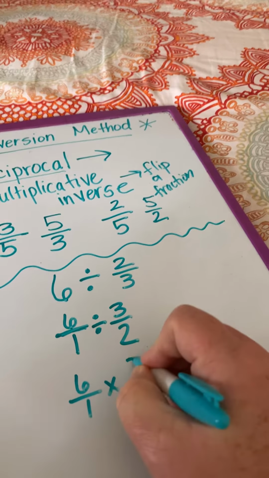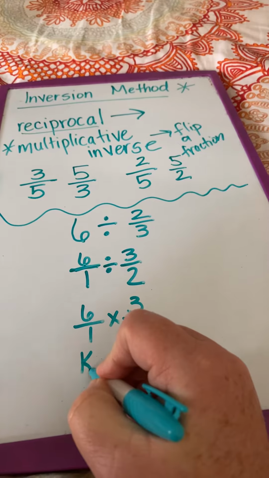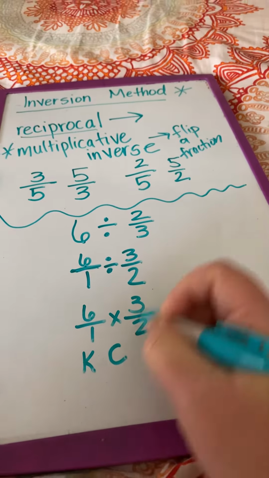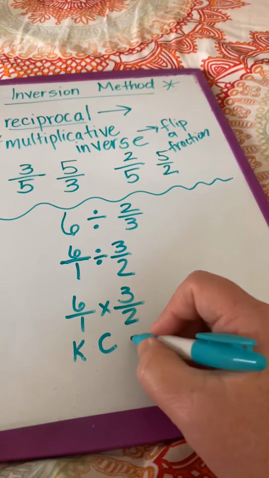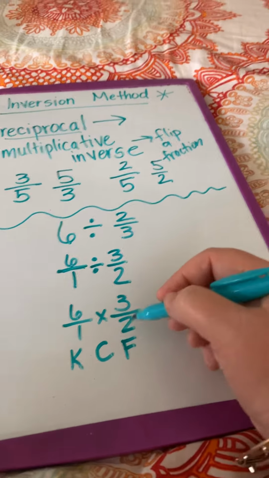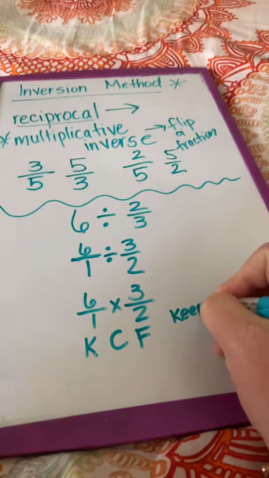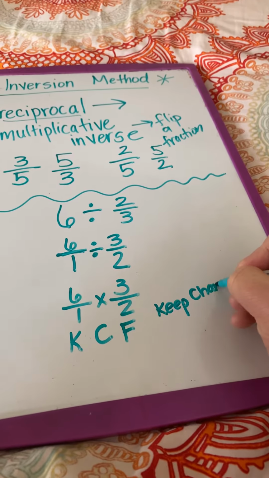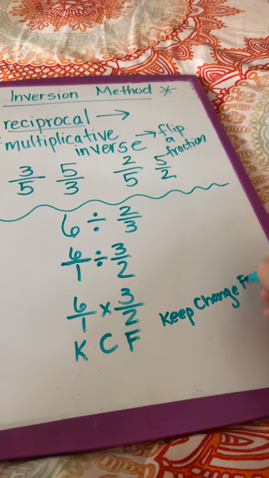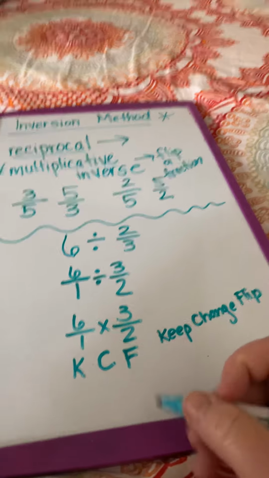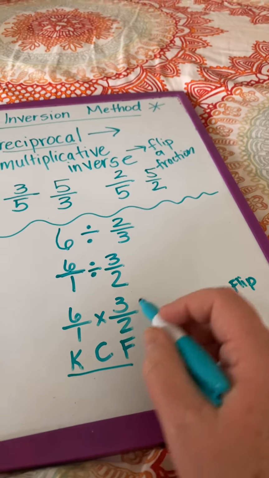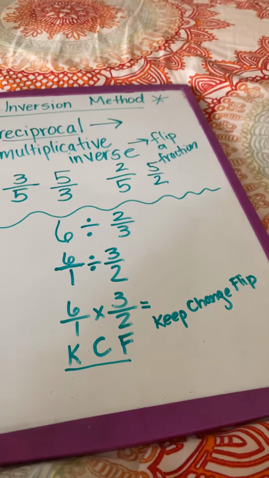Many years of teaching this, I have remembered that you keep the first number, change division to multiplication, and then flip 3/2. Sometimes you'll hear it called keep, change, flip. Once you've done these three things, you now can solve the problem.